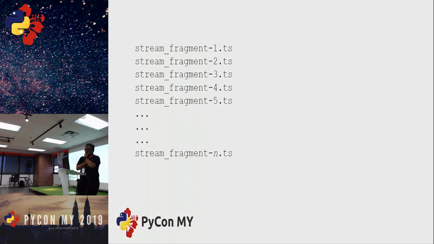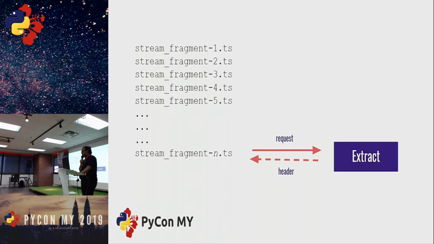So instead of reading a playlist, for each of these fragments we can send a request and read only the response header. If the response header is something like audio/mpeg or video/mpeg, then it's a media file.